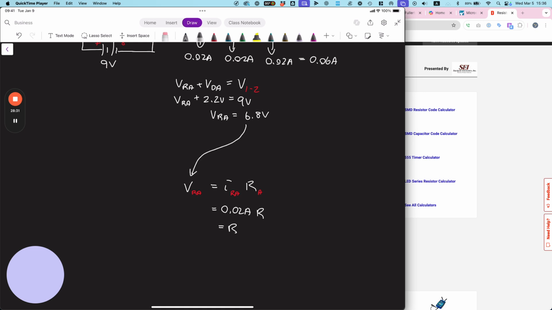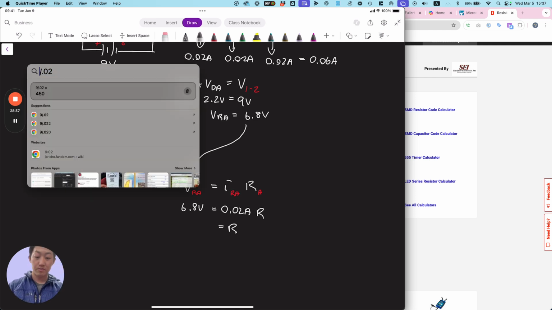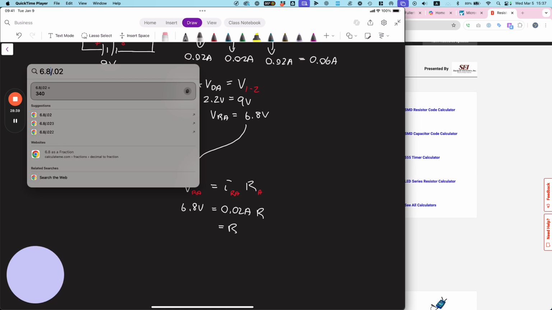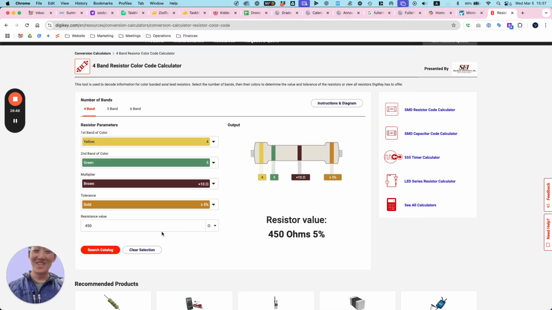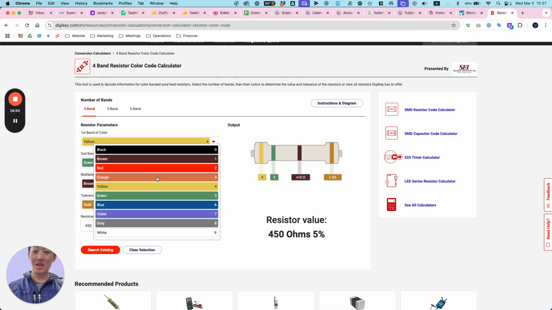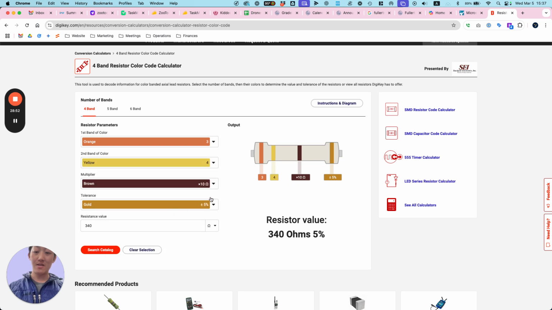That's 6.8 volts. Now it's 6.8 divided by 340. Does that look right? John, my sanity check here. Yeah. 340. Okay, we need an orange, yellow, brown. The third one is still brown.